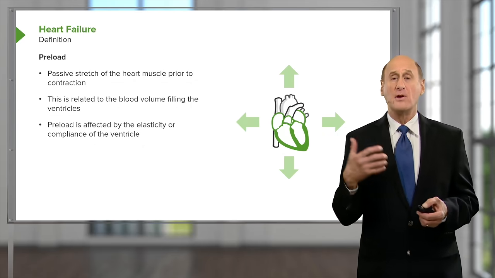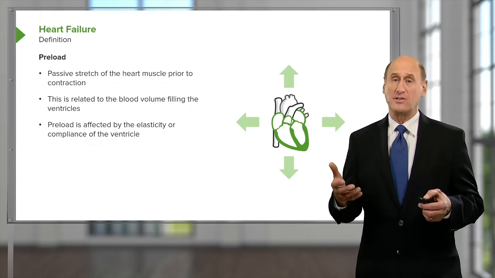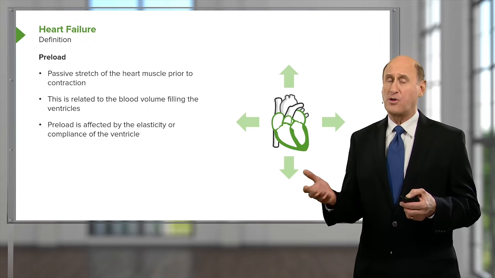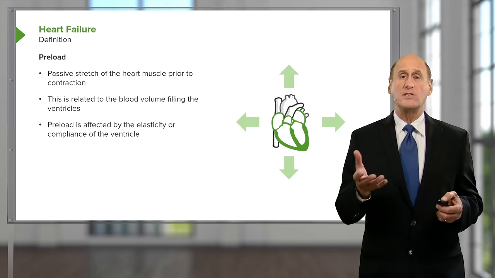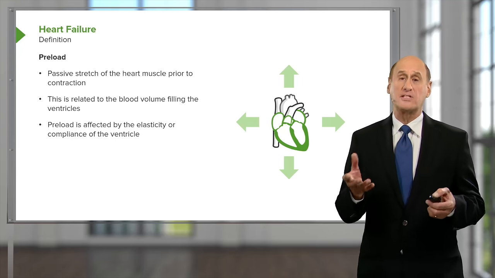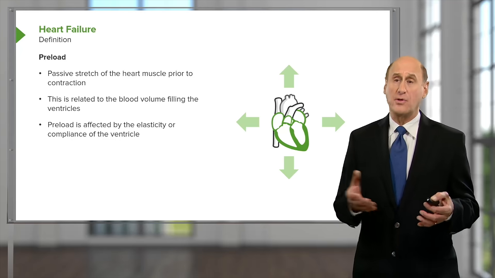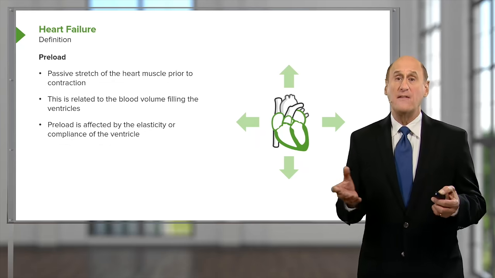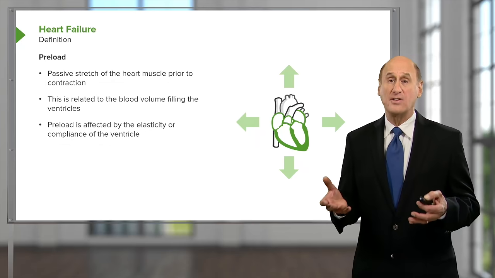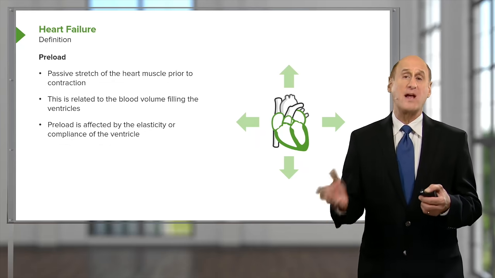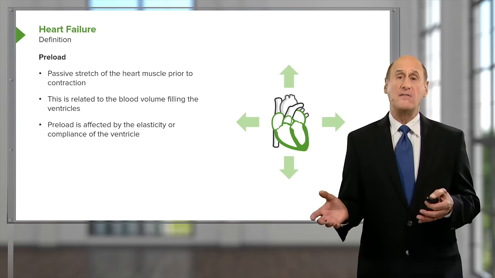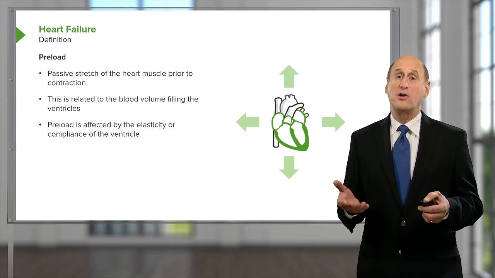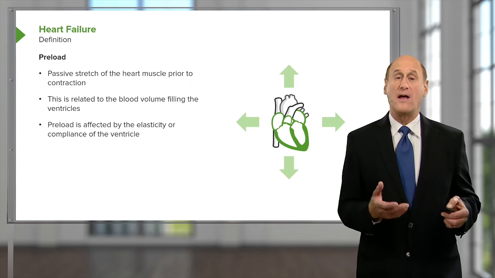This happens with some of the compensatory mechanisms that increase the blood volume, and consequently, preload may be increased in the heart. Increased preload leads to increased filling pressures in the ventricle during diastole, during the rest period. Those increased pressures are transmitted back to the lungs and even back to the rest of the body, leading to fluid accumulation in the tissues of the lung and the rest of the body.